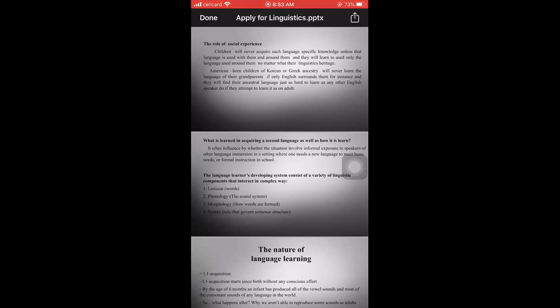American-born children of fluent Korean speakers will never learn the language of their grandparents unless that language surrounds them, for instance, and they will find their ancestral language just as hard to learn as their English-speaking peers would if they attempted to learn it as an adult.